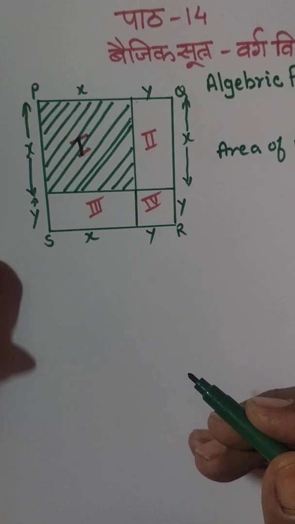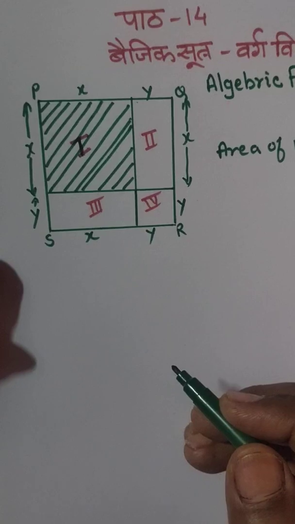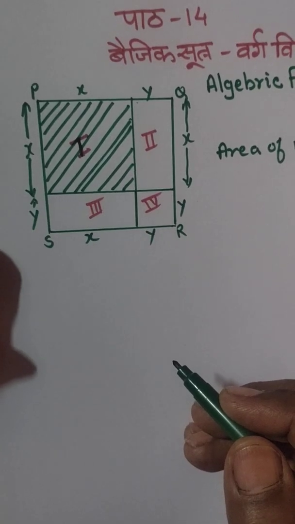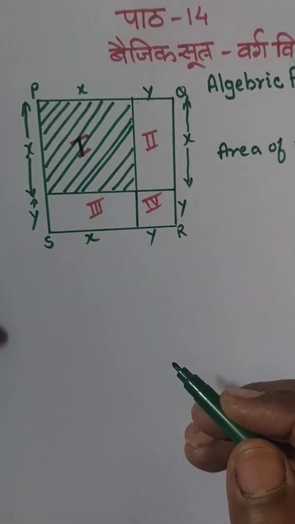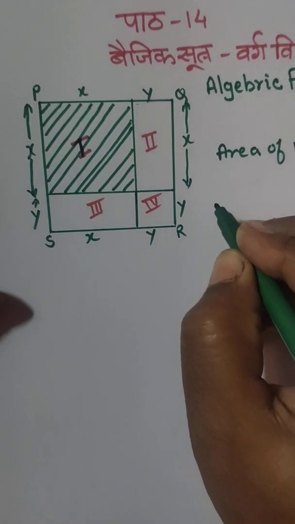But if we try to find the actual area of this square, then what do you find?